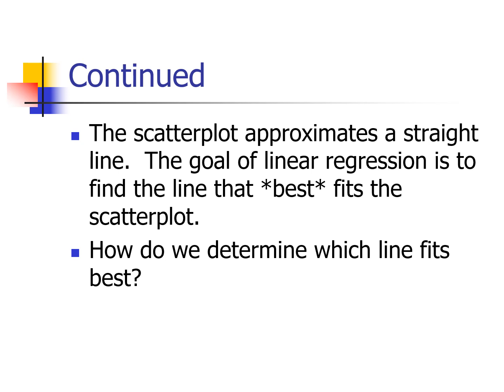The scatter plot approximates a straight line. The goal of linear regression is to find, of all the lines, the one best line that fits this scatter plot better than any other line.